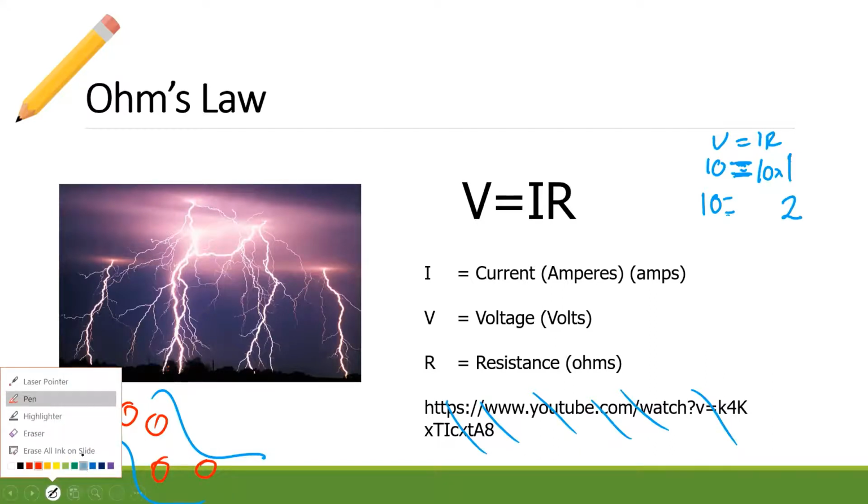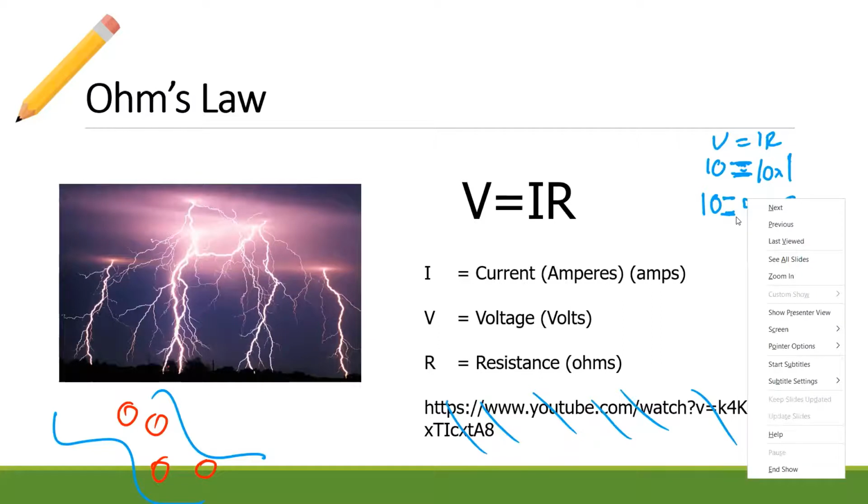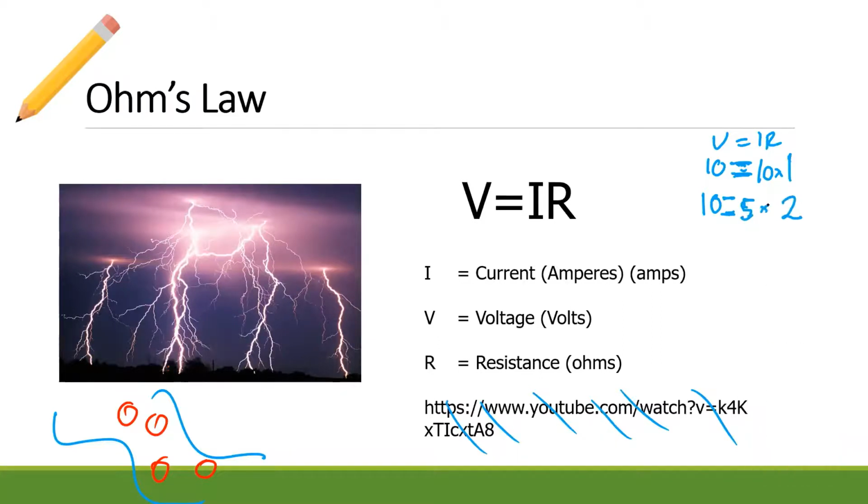So that means the current now is going to be lower. It's actually going to be 5 amps. So if you go 2 times 5, it's 10. I've doubled the resistance, but I've halved the current, and I figured that out using V equals IR. What I think is important to understand here is that the formula and the idea are linked.